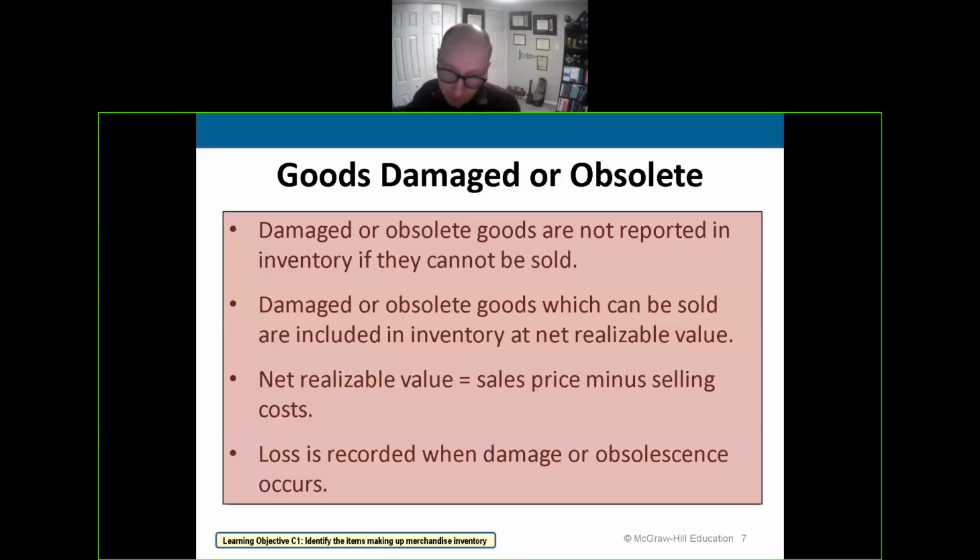The $300 represents the cost of the product for me to sell it. I'll still sell it for like $600, but the cost has gone down. A loss is recorded if it's damaged or obsolete in some way.